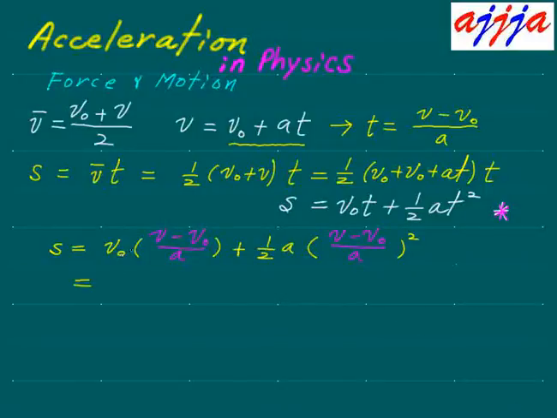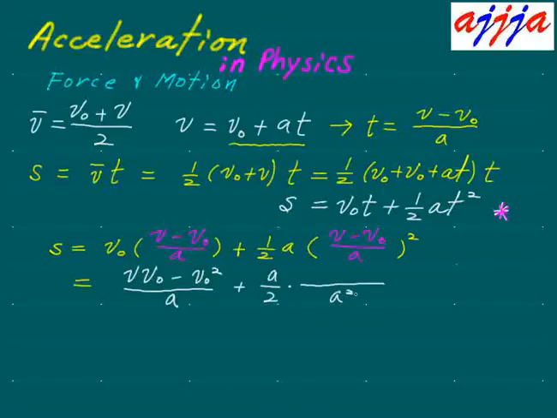All right, let's simplify this one. v0 times v is v v0, minus v0 times v0 is v0 squared, over a. Then plus a over 2, I put this one together.